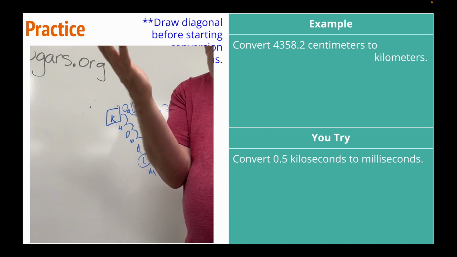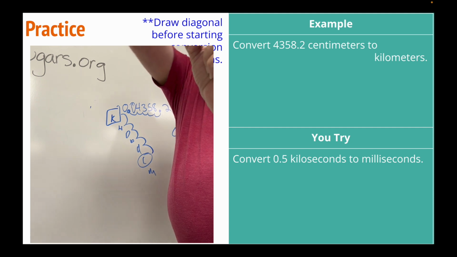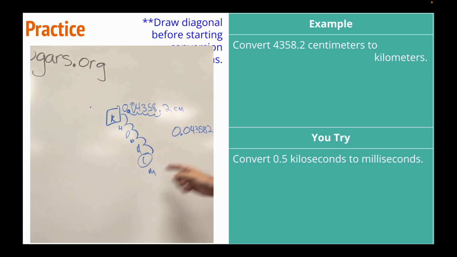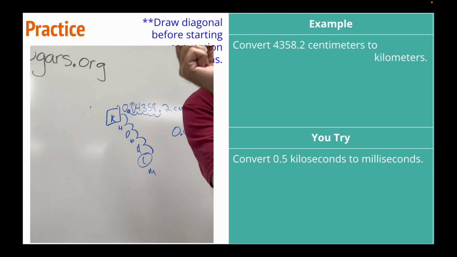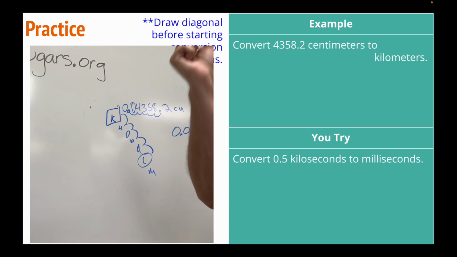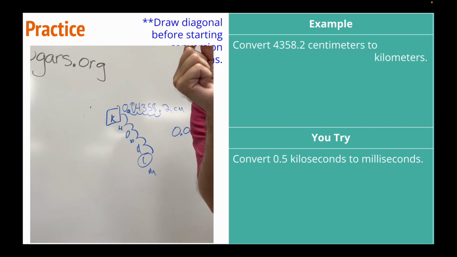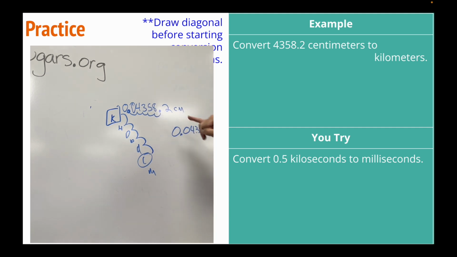How much of a kilometer is that? A kilometer is huge. So it's a really, really tiny amount of a kilometer. But this actual measurement is the same measurement. It's just this is in centimeters, that one is in kilometers.